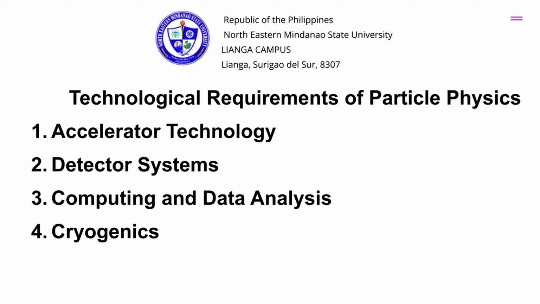Number 3 is computing and data analysis, which means massive data storage systems, distributed computing grids, and advanced algorithms and AI-assisted analysis. Number 4 is cryogenics, which means liquid helium cooling for superconducting components and operation at temperatures near absolute zero.